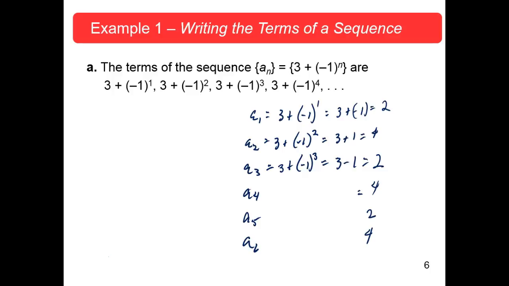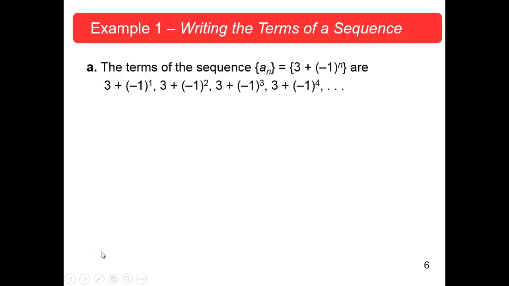It's not going toward 2, it's not going toward 4, it's not going toward 3. It's just bouncing back and forth between the two. Perfectly good sequence, it's just one that doesn't converge. Let me erase this, and I'll show that it's 2, 4, 2, 4, on and on and on.